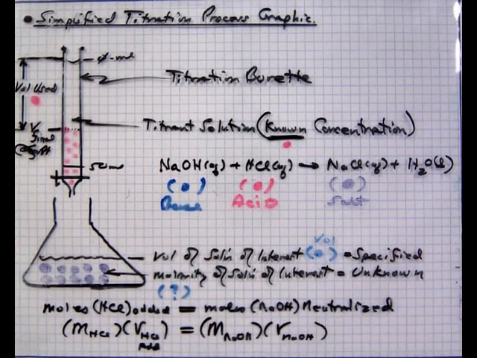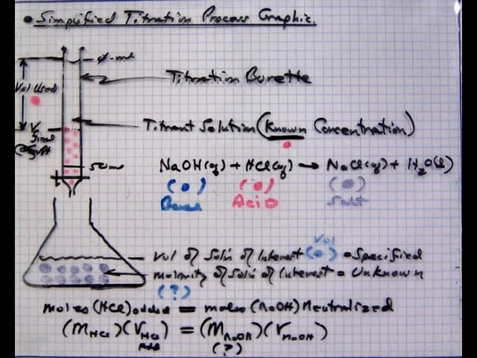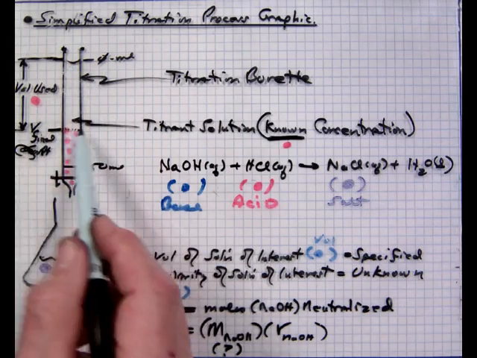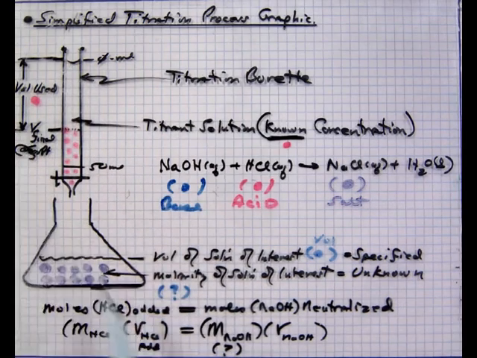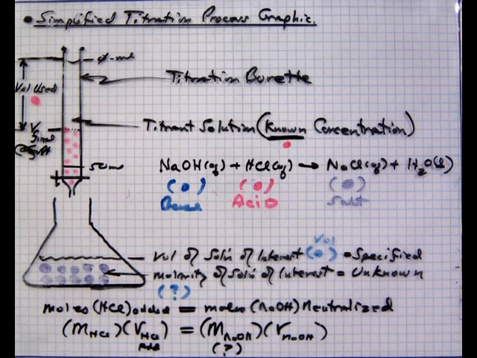In this case, this is your only unknown now, so you can solve this expression. You take the volume of acid used, the molarity, because you prepared the solution, and the volume known right here, and solve for the molarity. It's one equation and one unknown, so you can determine the concentration of the unknown.